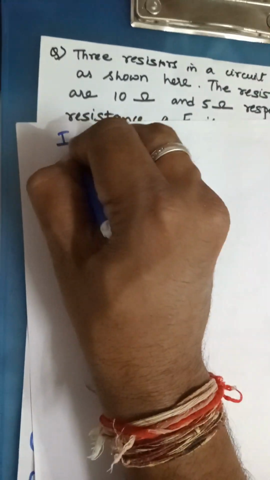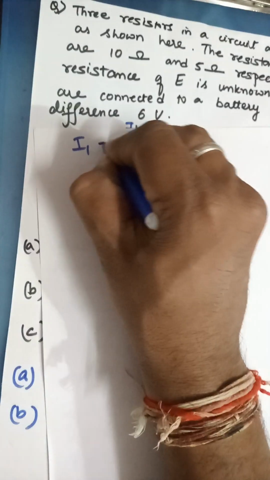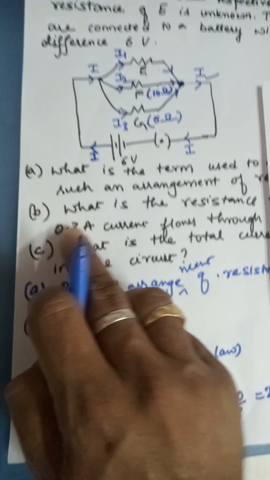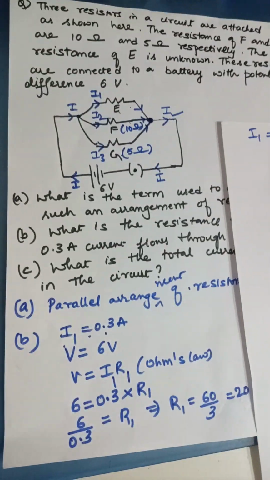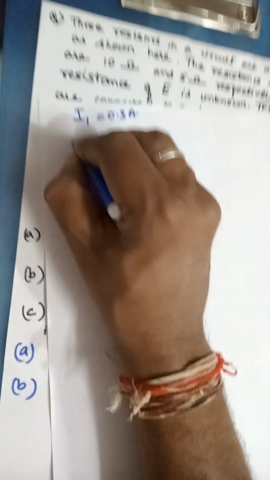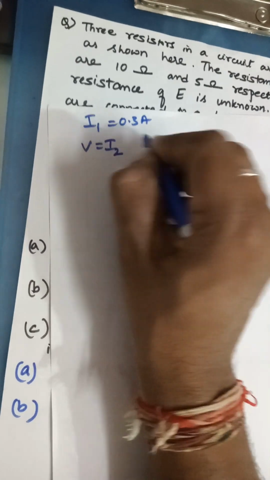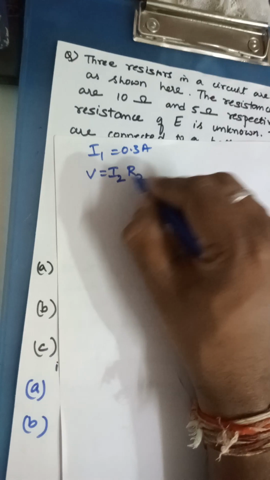So again, the value of I1 is given as 0.3 amperes. I2 is what we need to find out. Again, V is equal to I2 R2. Actually, this is from Ohm's law, V is equal to IR.